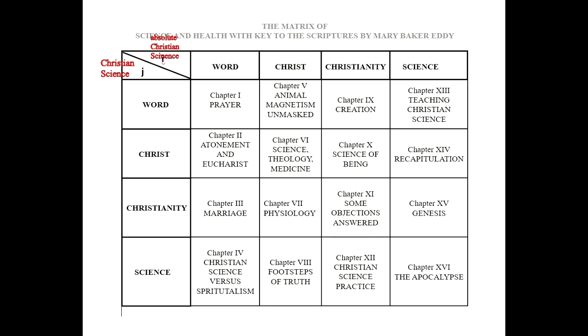Then as we move down to the J index, we see that we have four values that belong to the J index. First, from the point of view of the Word as the accepting of the proposition. Then the Christ, the power of manifestation in spite of error. Christianity, exalted being.